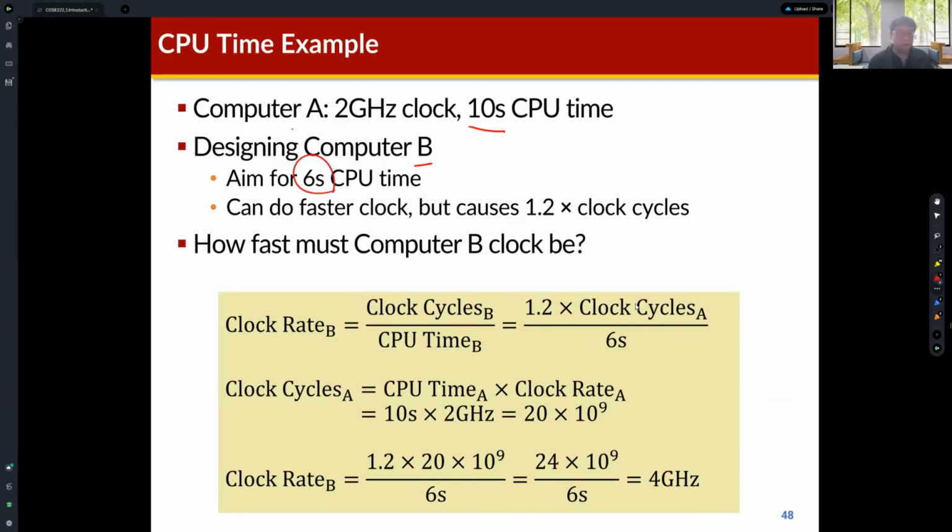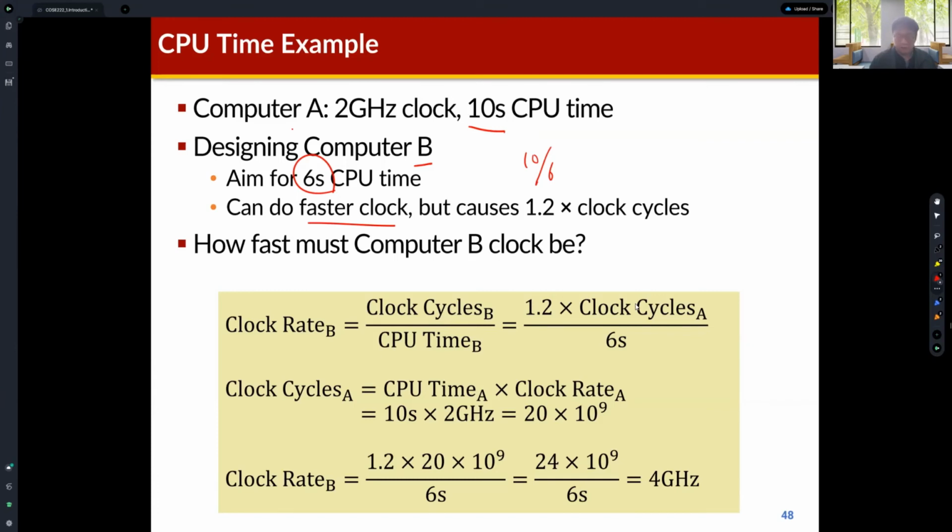So performance is improved by 10/6. To increase the performance of computer B, we can use a faster clock. But if we use this faster clock, then the number of clock cycles can be increased.